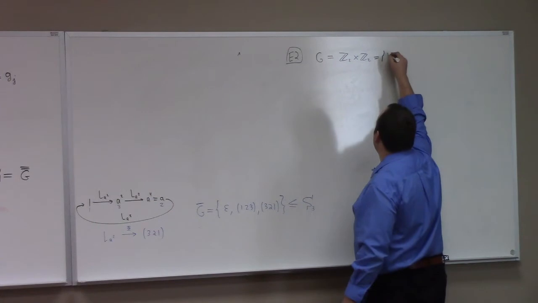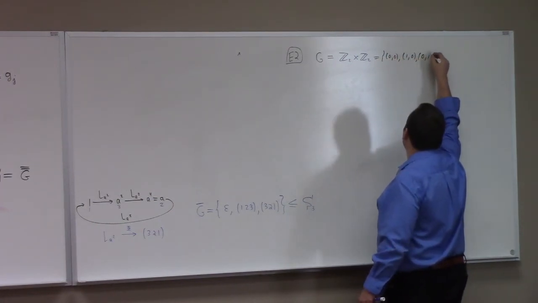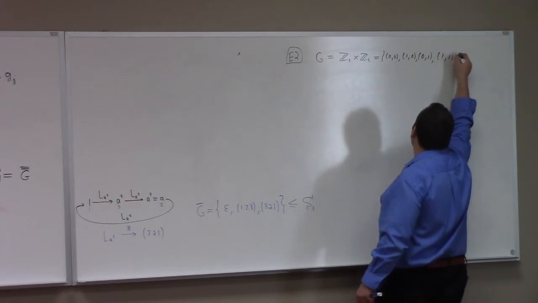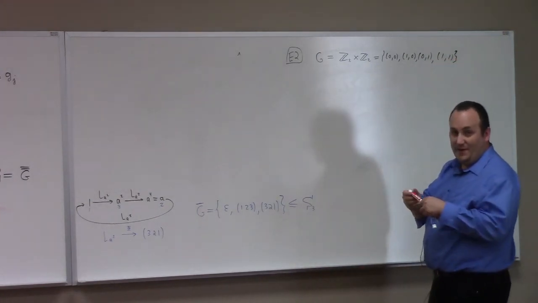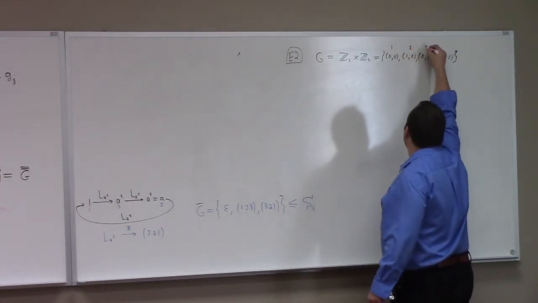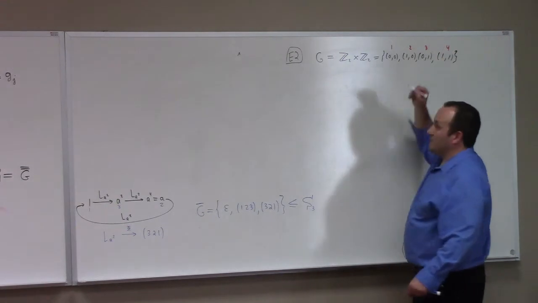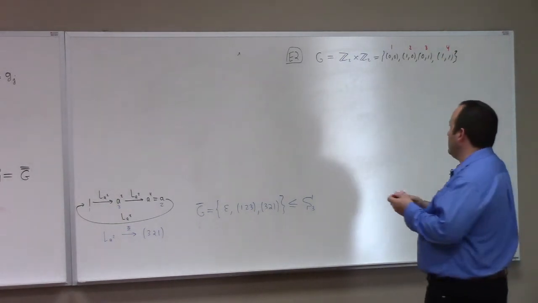So let's say that's 0,0; 1,0; 0,1; 1,1. My ordering is by no means sacrosanct, but I pick an ordering: this is the first thing, the second thing, the third thing, the fourth thing in the group. So my left multiplication operators, what are they?